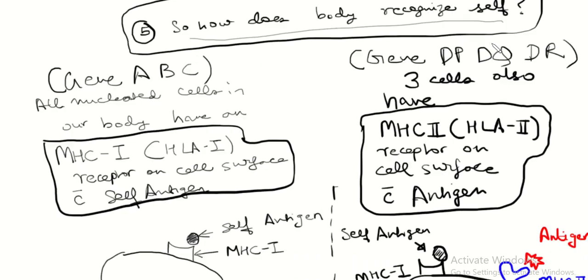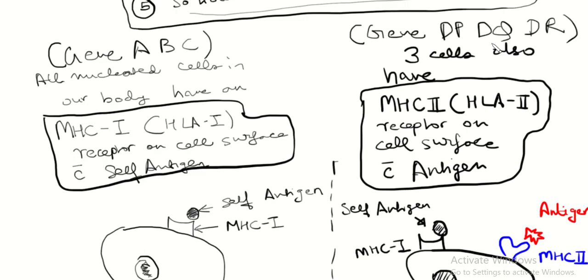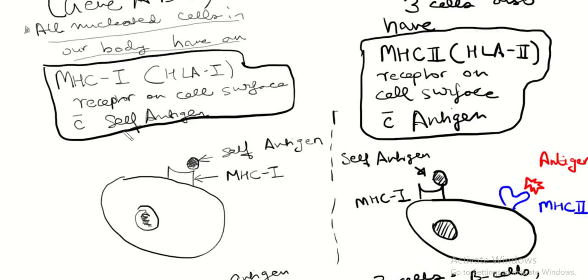Okay? So essentially, there's two parts to this. All nucleated cells in our bodies have a receptor on the cell surface, which is called MHC, major histocompatibility complex 1 receptor, with a self antigen.